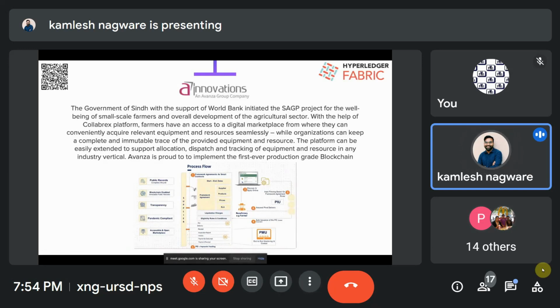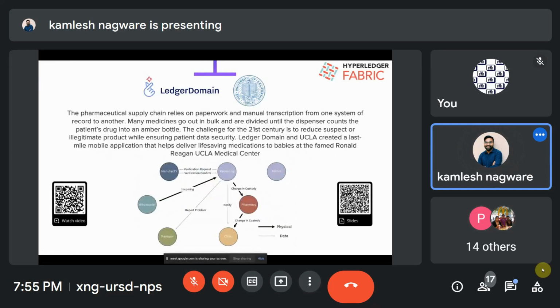I think they are also taking some kind of grant, which is a credit. Then the pharmaceutical use case: traceability of medicine or traceability of vaccines. This is already implemented.